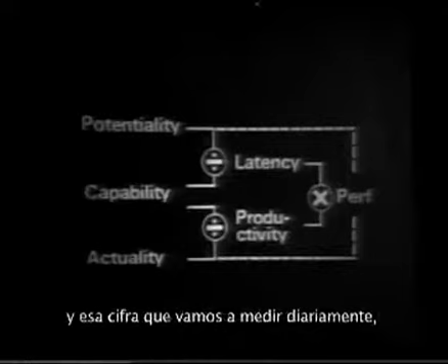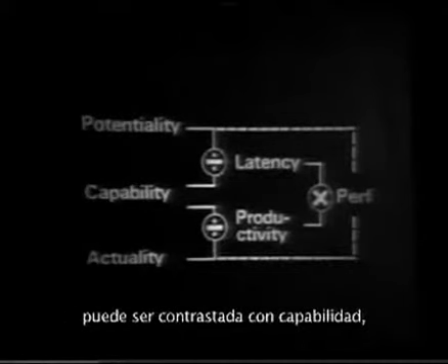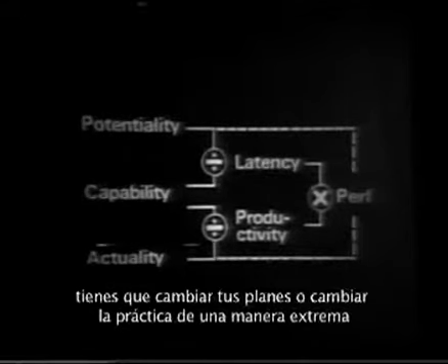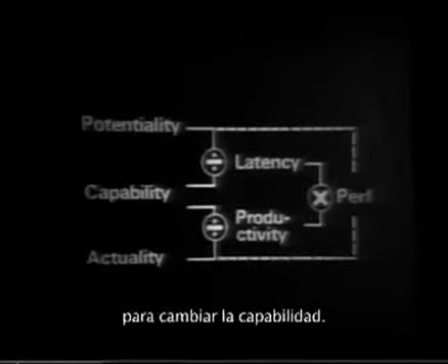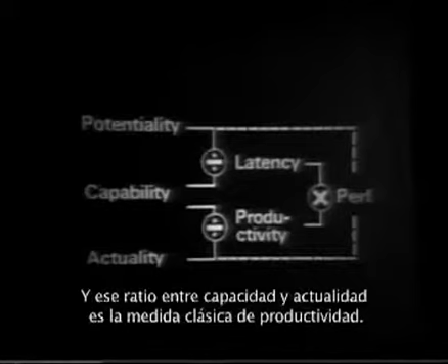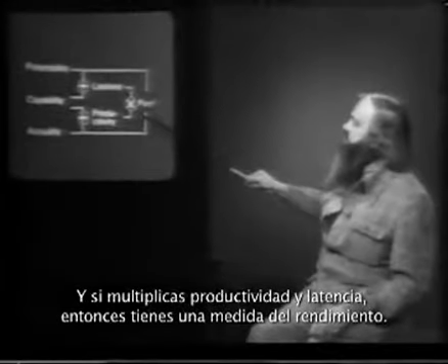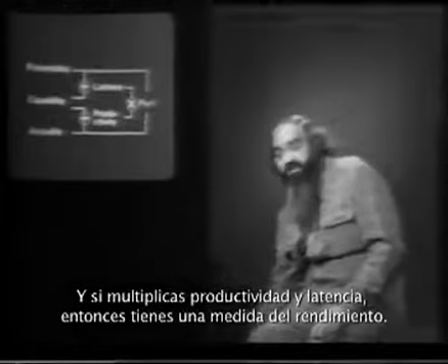And that actual figure, the one we're going to measure daily, can be contrasted with capability, which doesn't change, or doesn't change often. You have to alter your plant or change your practice in a major way to change capability. And that ratio between actuality and capability is the classic measure of productivity. And if you multiply productivity and latency together, then you get an overall measure of performance.